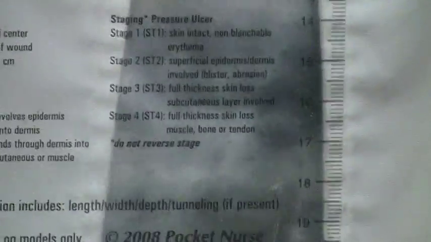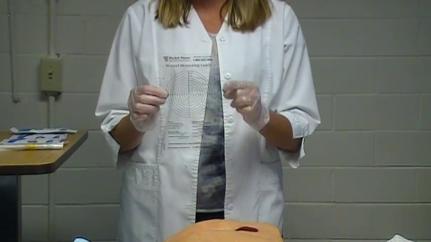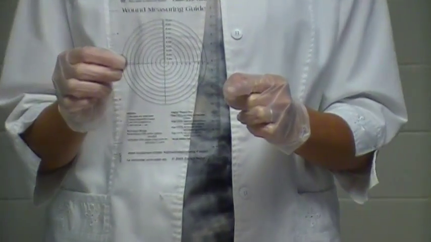So with this tape measure, you have two different areas that you can use. The inner portion is measured in a perfect circle. Most wounds are not going to be perfectly circular. The majority of the time you will have to use the measuring guide that's in centimeters on the side of the tape measure.